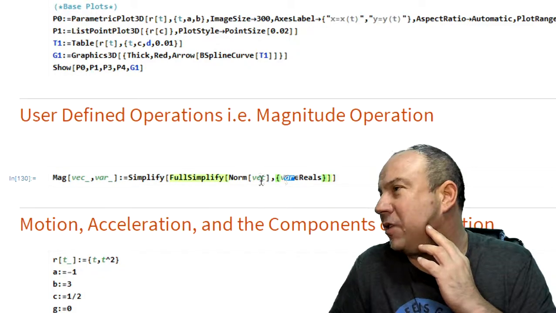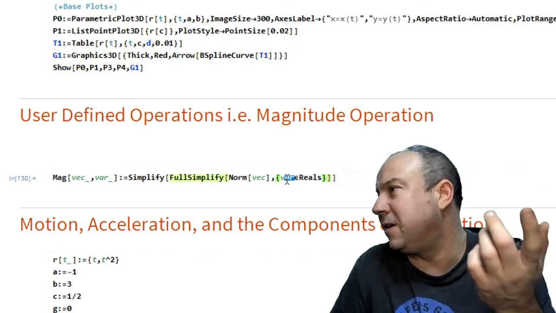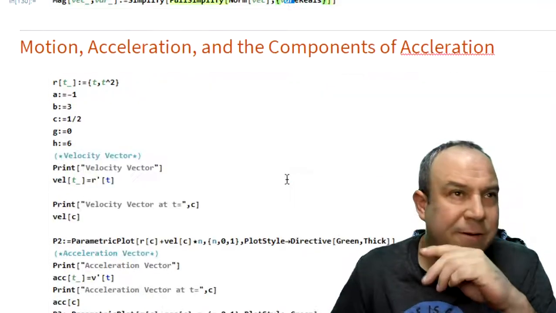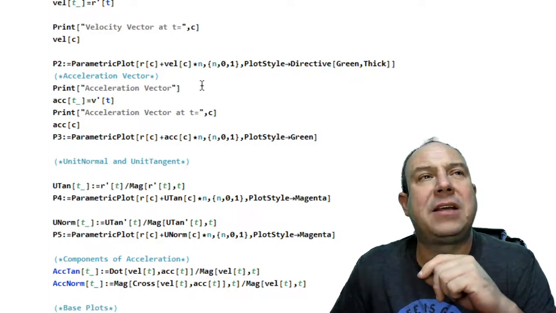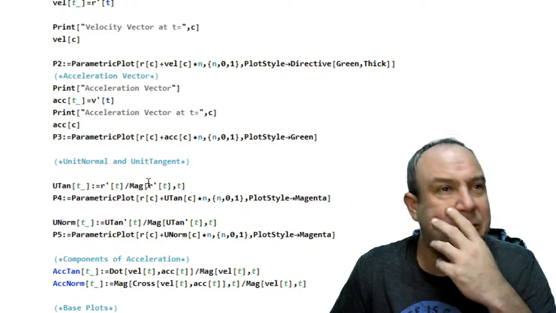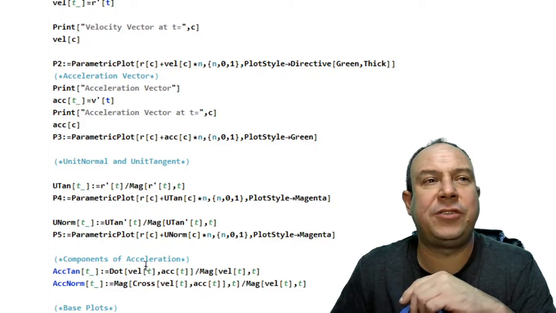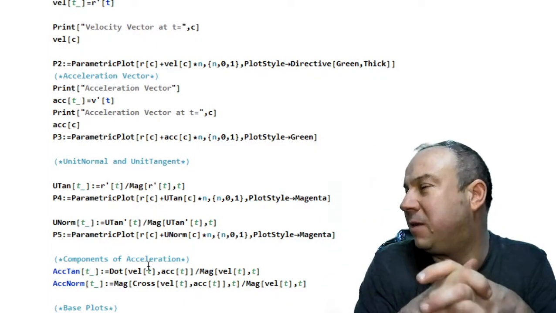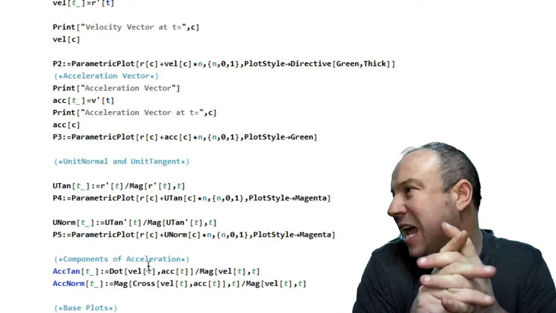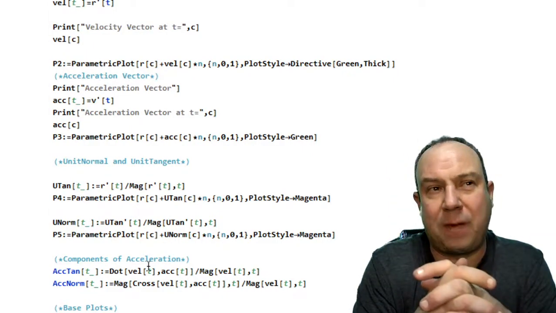And I wrote this so I can change the variable. I don't even have to have the variable change. I could, if I knew I was always going to use t, leave that as t, and have that user-defined function in my program here. But I call upon it quite a bit down here in these unit normal and unit tangent calculations and in these components. So that's why I wanted to make use of something like that in my program.